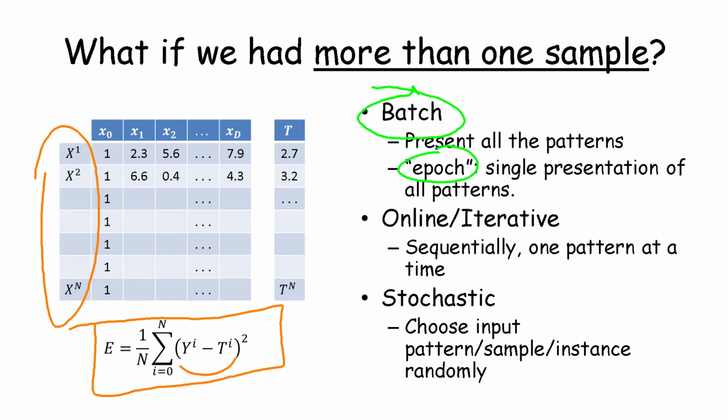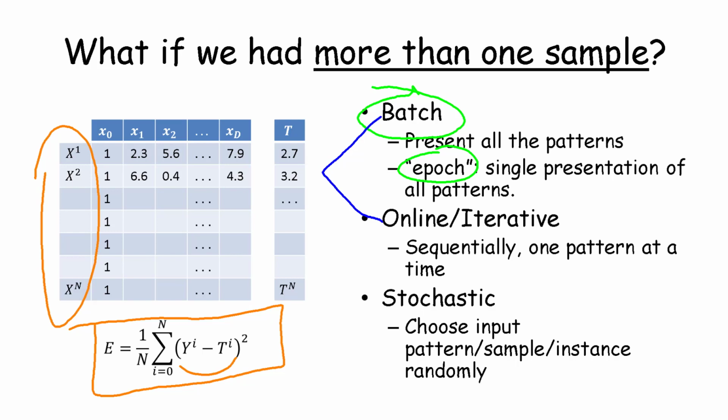In such cases, we can train the neuron one sample at a time and update the weights after we present each sample. A combination of batch and iterative learning is also possible, where we can feed a subset of the samples to the neuron, update its weights, and then move on to the next subset.